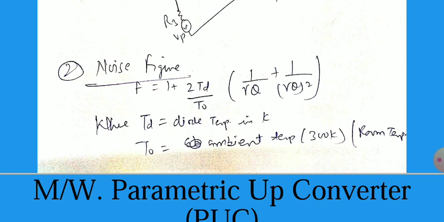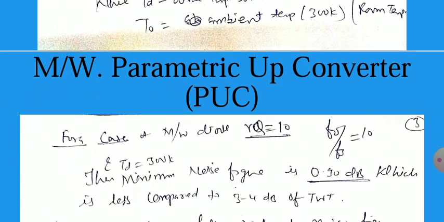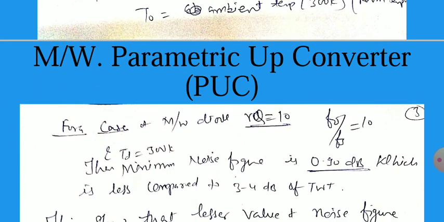Mostly this is treated as room temperature. For microwave diodes, gamma Q is nearly equal to 10, so Fo by Fs is equal to 10. With Td equal to 300 Kelvin, the minimum noise figure is 0.90 decimal, which is less compared to 3 to 4 dB of the TWT.